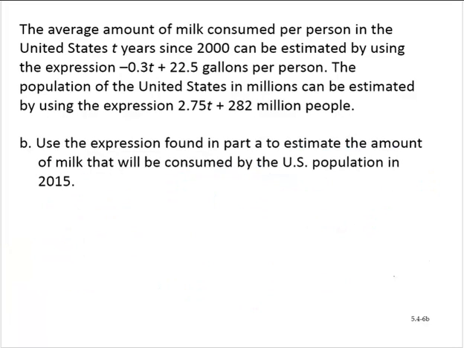Use the expression found in Part A to estimate the amount of milk that will be consumed by the U.S. population in 2015. Now the expression was negative 0.825 T squared minus 22.725 T plus 6,345, and that was in terms of million gallons.